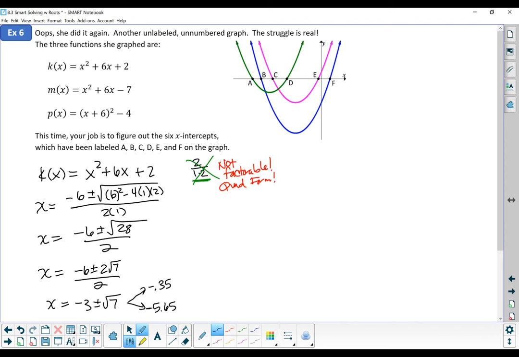So I have the first two. Now I can't really determine based on my graph which ones those are yet, but I have them. And in a minute, when I start getting more of my answers, I can start thinking about which ones go where. Okay, let's try m of x now.